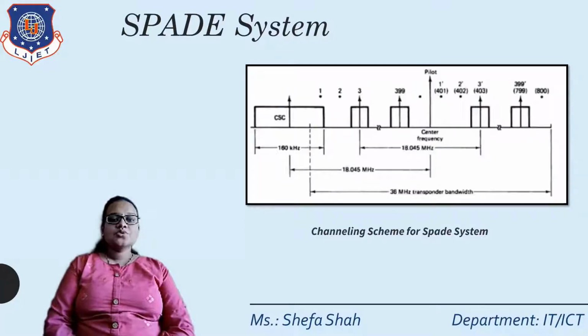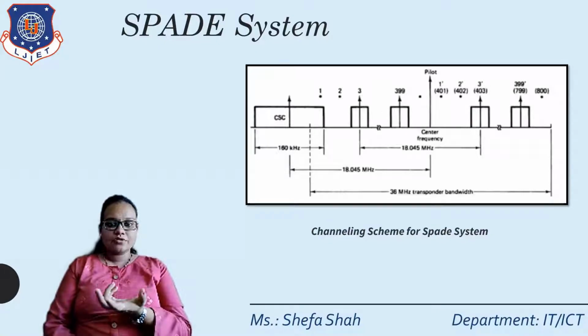Now, as you see in the figure, there is a total of 160 megahertz bandwidth in which there is one CSC of 160 kilohertz having a center frequency of 18.05, and a total of 800 channels. Out of these 6 are vacant, so there are 794 channels available for transmitting purposes, right?